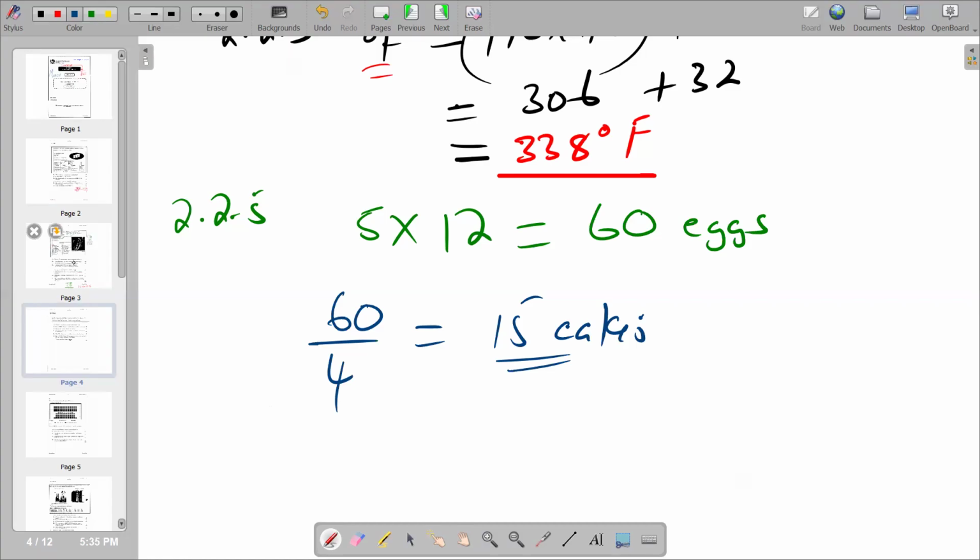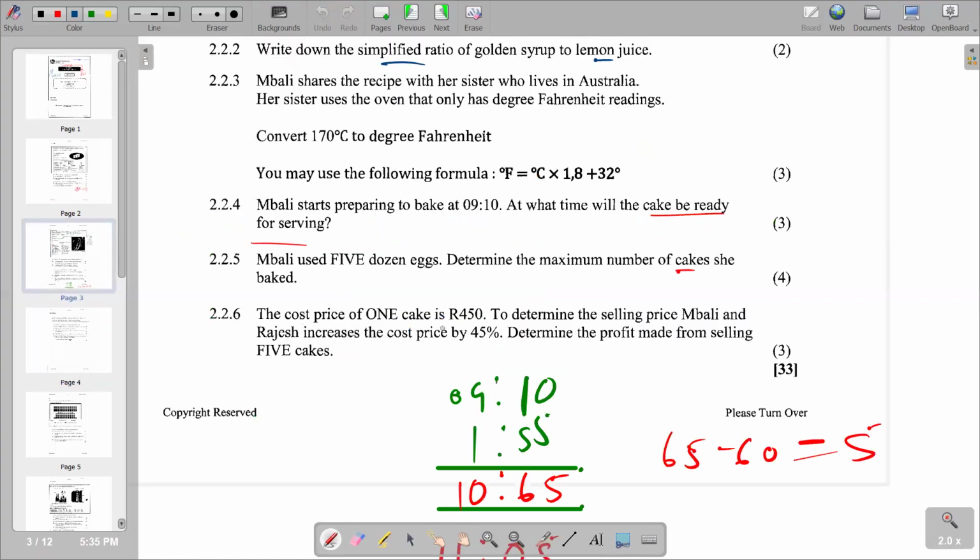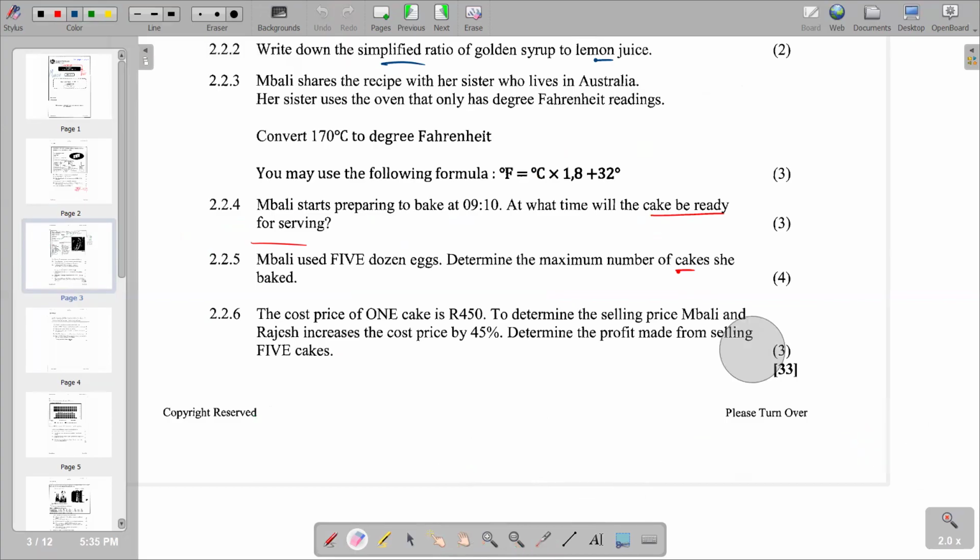So on the last part of our question, it reads: the cost price of 1 cake is 450 rands. To determine the selling price, Mbali and Rajesh increase the cost price by 45%. Determine the profit made from selling 5 cakes.